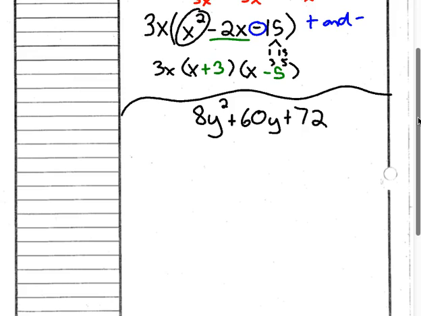But if you look at every one of those numbers, 8, 60, 72, they can't all be divided by 8, right? The 60 can't be divided by 8. But something that you may notice is each one of them is divisible by 4.